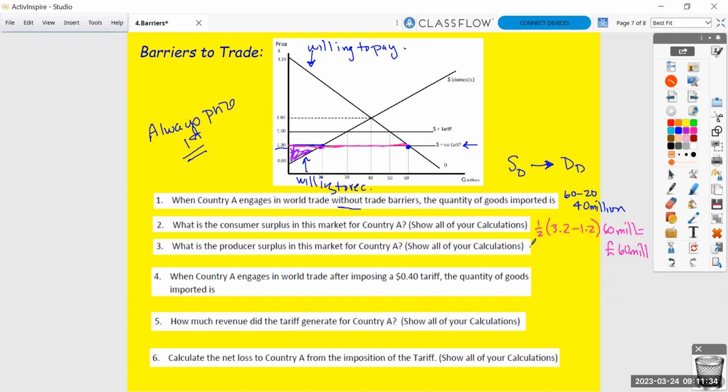That's another triangle, so it's 1/2 times 1.2 minus 0.6, times 20 million. Somebody correct me if I'm wrong, but I think that's 6 million. Thank you, Jessica.